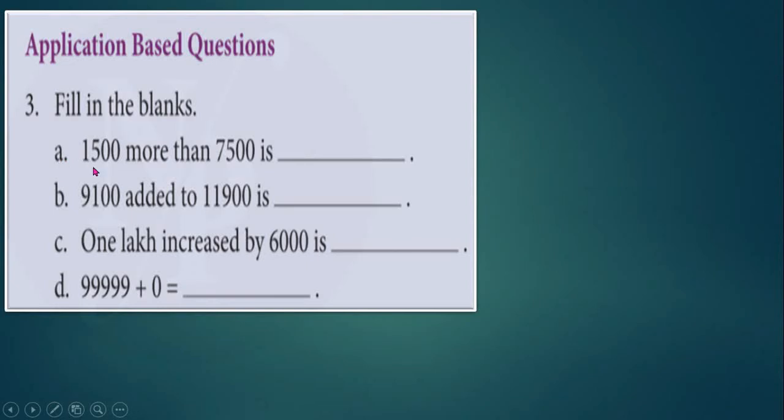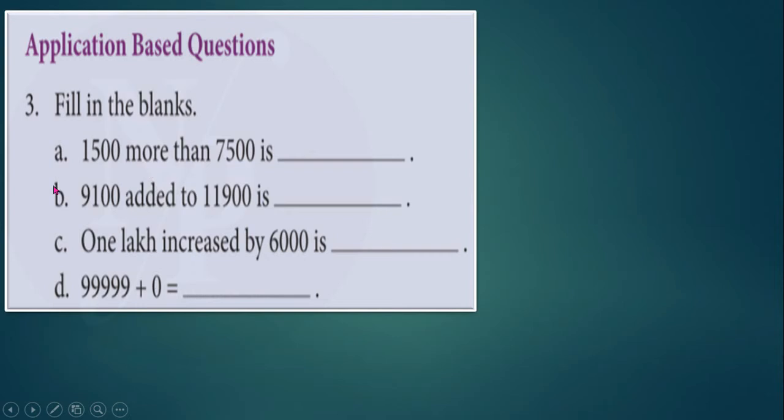A. 1500 more than 7500 is. To find this we have to add 1500 to 7500. So let us find the sum and fill in this blank.